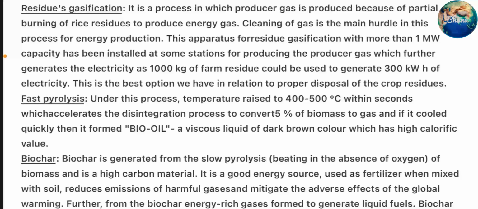Residue gasification. It is a process in which producer gas is produced because of partial burning of rice residues to produce energy gas. Cleaning of gas is the main hurdle in this process for energy production.